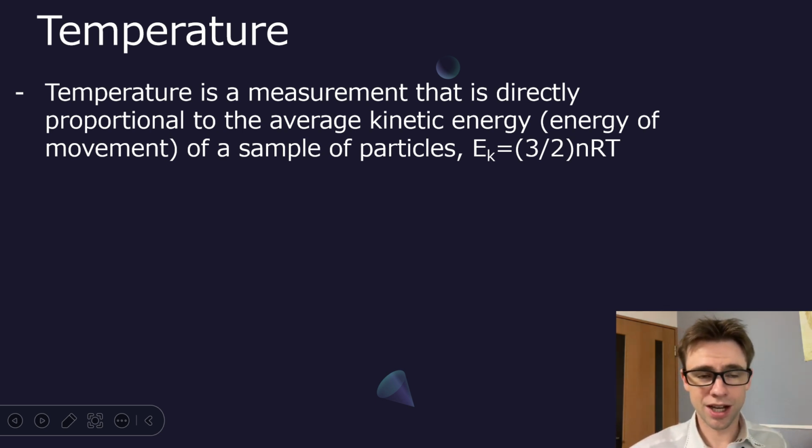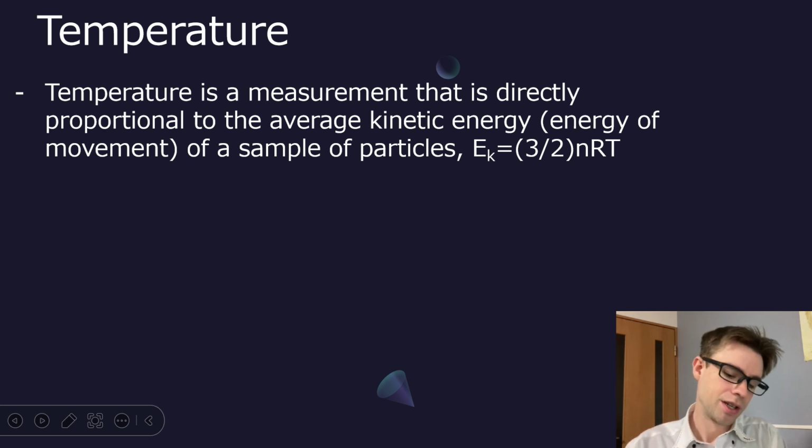Maybe someone measured that change instead. And if that is also directly proportional to the change in kinetic energy, that could be used as a measure of temperature on its own scale. It would no longer be Celsius or Kelvin, and that means that the R constant in this equation would change. It would not be 8.314 anymore.